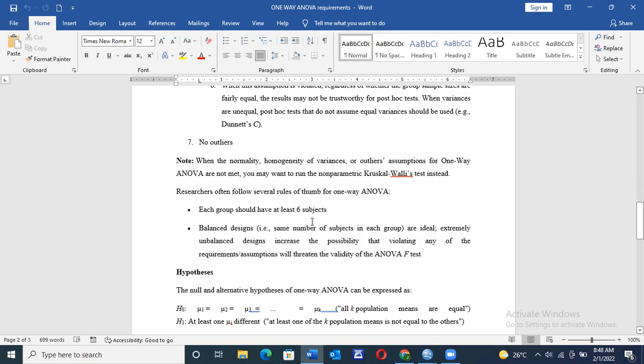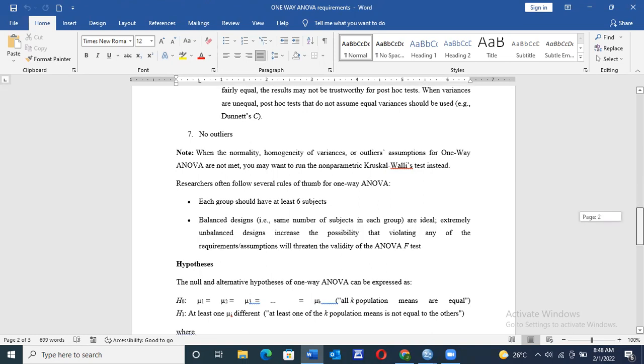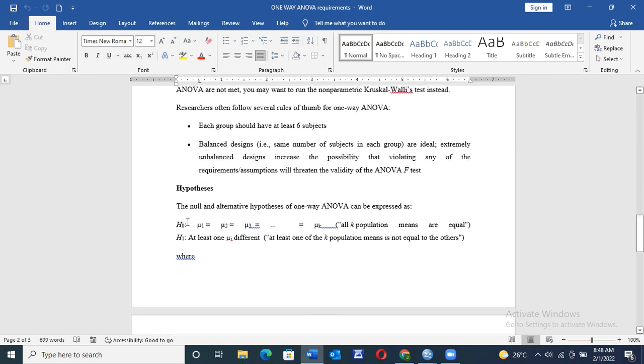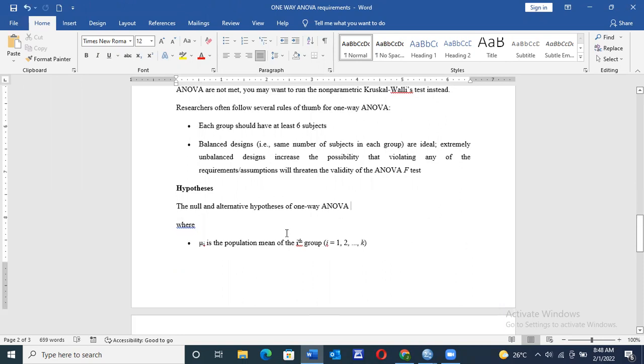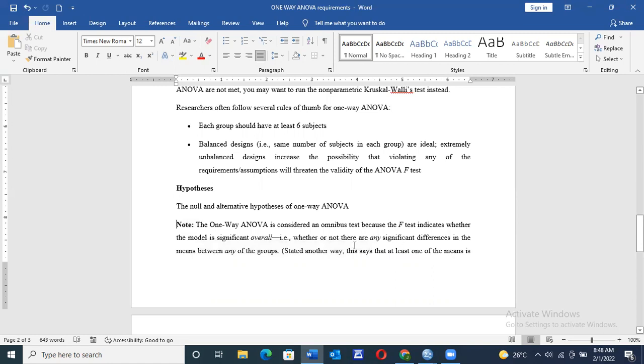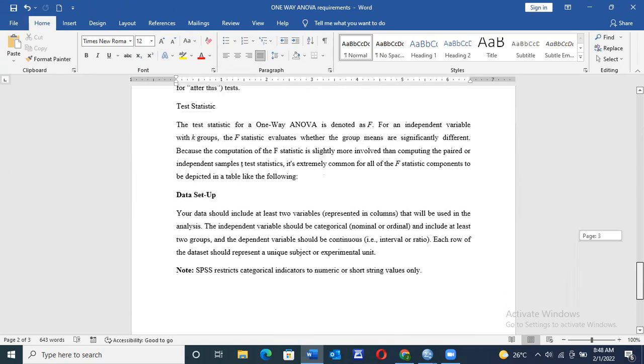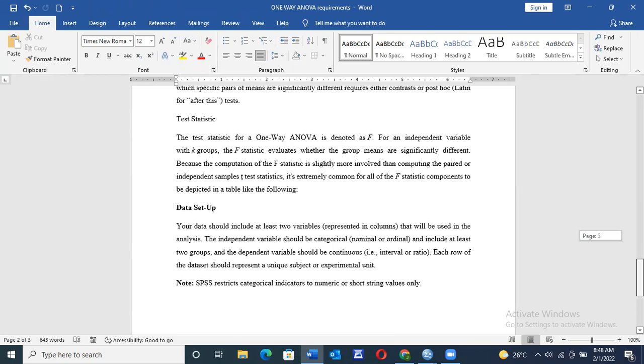It's also worth noting that each group should have at least 6 subjects, and the design has to be balanced. For the hypothesis, we normally have the null and alternative hypotheses for this particular analysis that you will conduct before you make any conclusion for that data.